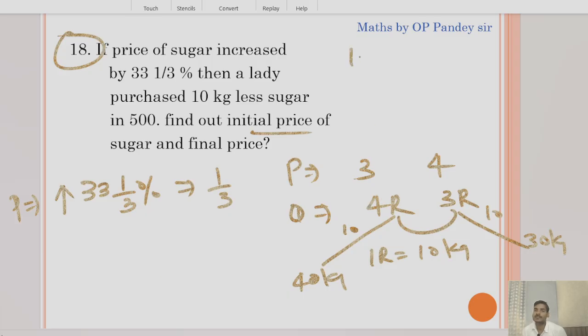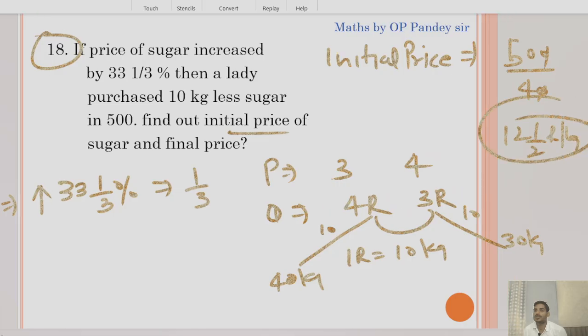So initial price becomes 500 divided by 40. 0 to 0 cancel, and 12 1 divided by 2 rupees per kilogram. And if you divide 500 by 30, this is the present price of sugar. I think you understood this question.